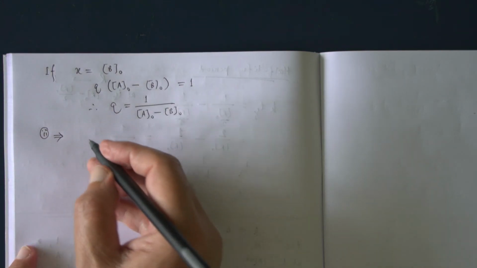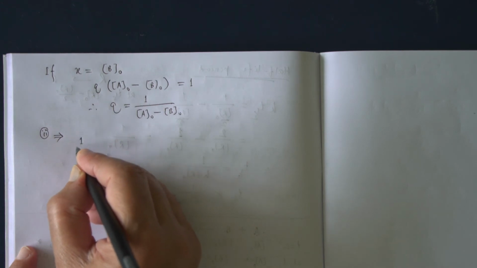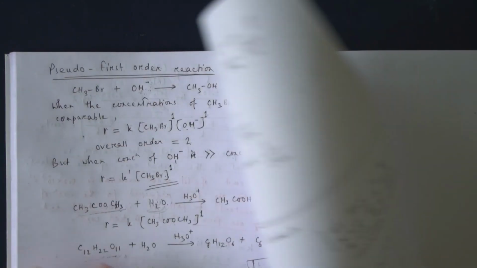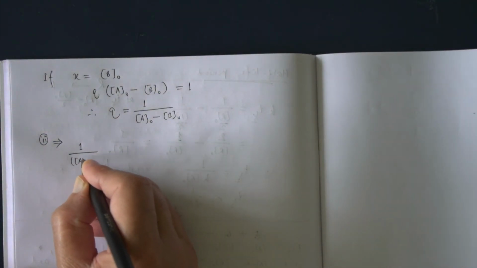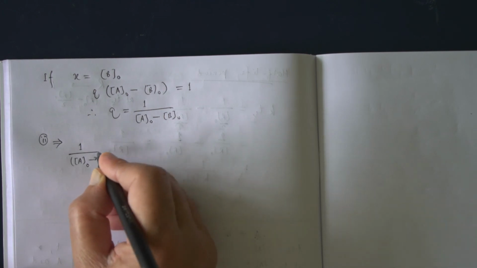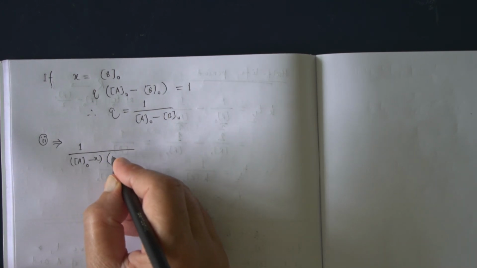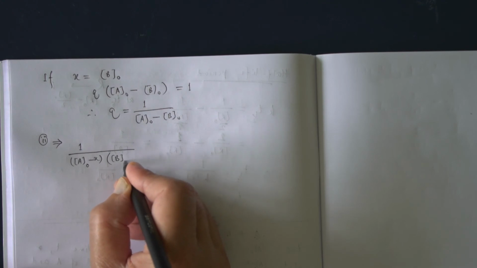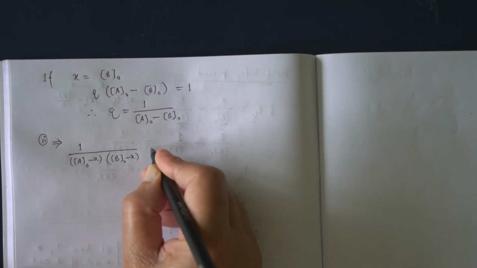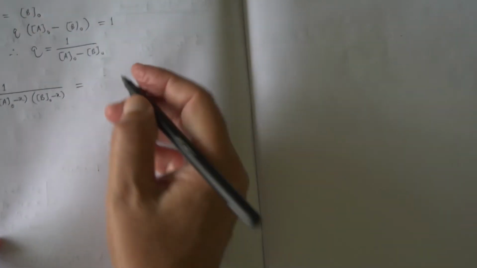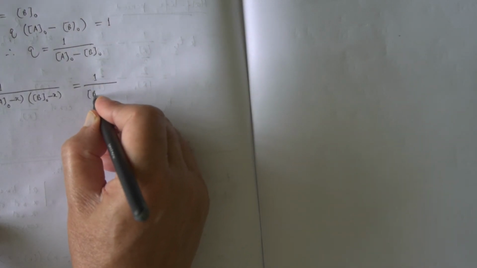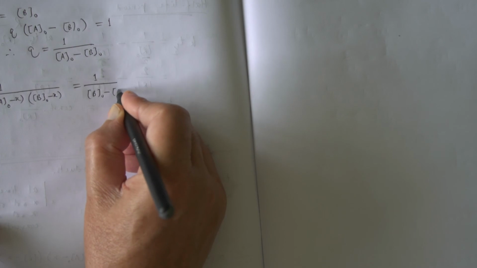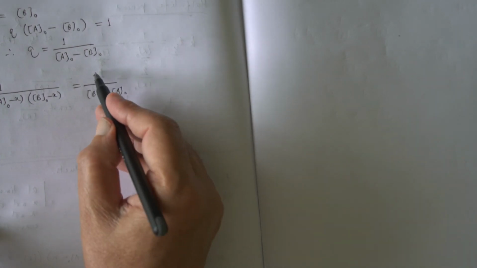Okay, from 2, 1 by (A naught minus x) into (B naught minus x), and this will be equal to, so we will put the value of P, 1 by (B naught minus A naught).